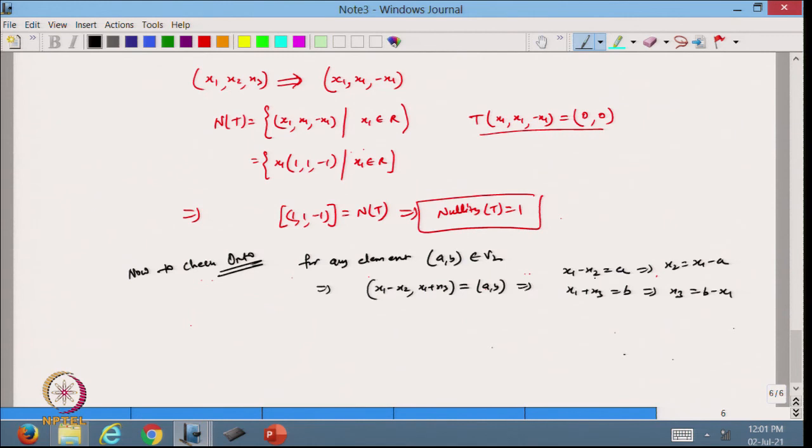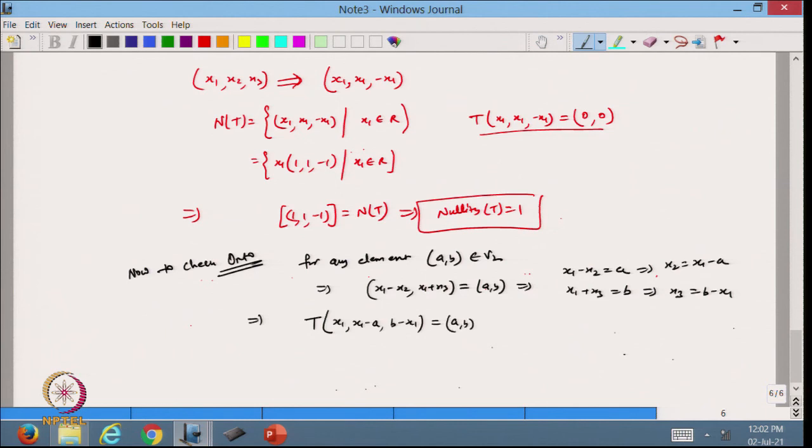Now, for T, I write x1, x2 as x1 minus a, and x3 as b minus x1, and I will get my value (a, b).